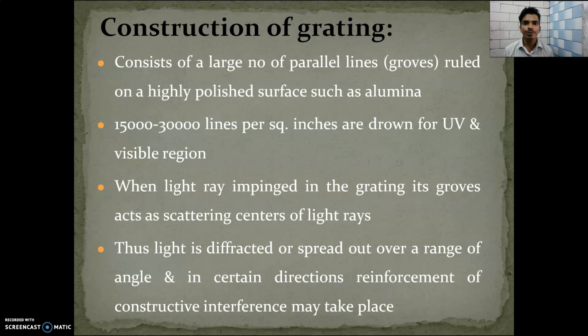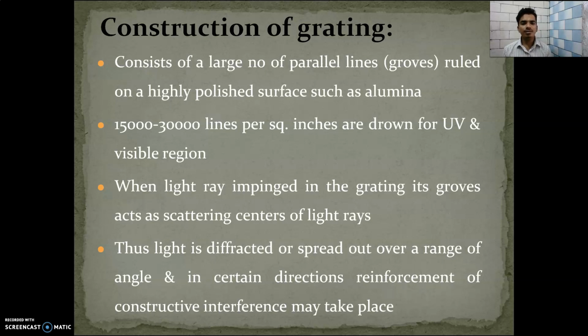Then a light ray impinges on the grating. The grooves act as scattering centers for the light ray. Thus light is diffracted, or spread out over a range of angles, and in certain directions there is reinforcement, that is constructive interference.